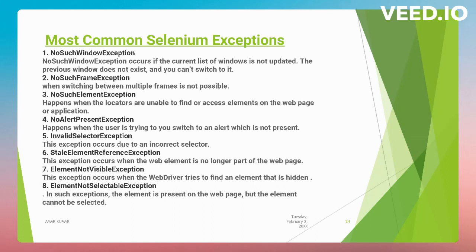It is similar to NoSuchElementException, but with selectors we are not getting any selector pointer locations. StaleElementReferenceException means the element is no longer present on the web page for a longer period of time, so then we get StaleElementReferenceException. ElementNotVisibleException means we want to get an element, the element is present but it is not visible, so then we get ElementNotVisibleException.